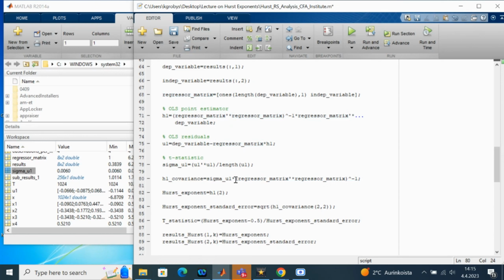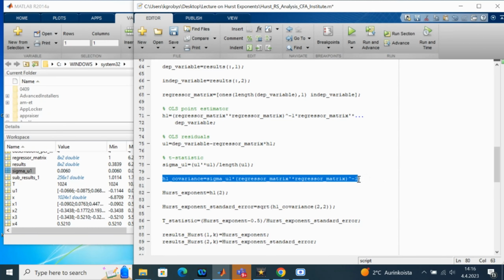So this is simply, you might remember from econometrics classes, sigma hat squared times X transposed X inverted. Very simple. And since our point estimator is a 2×1 vector, this must be a 2 by 2 matrix.